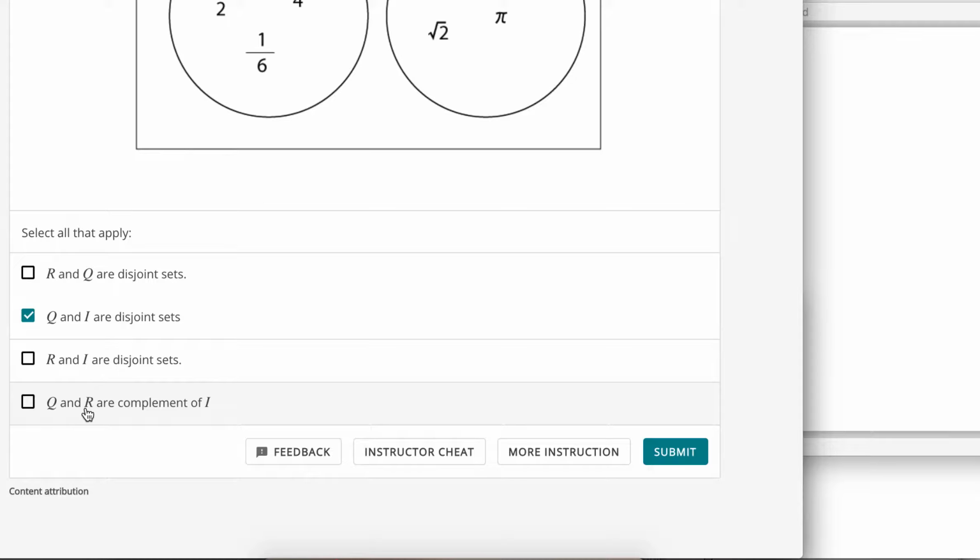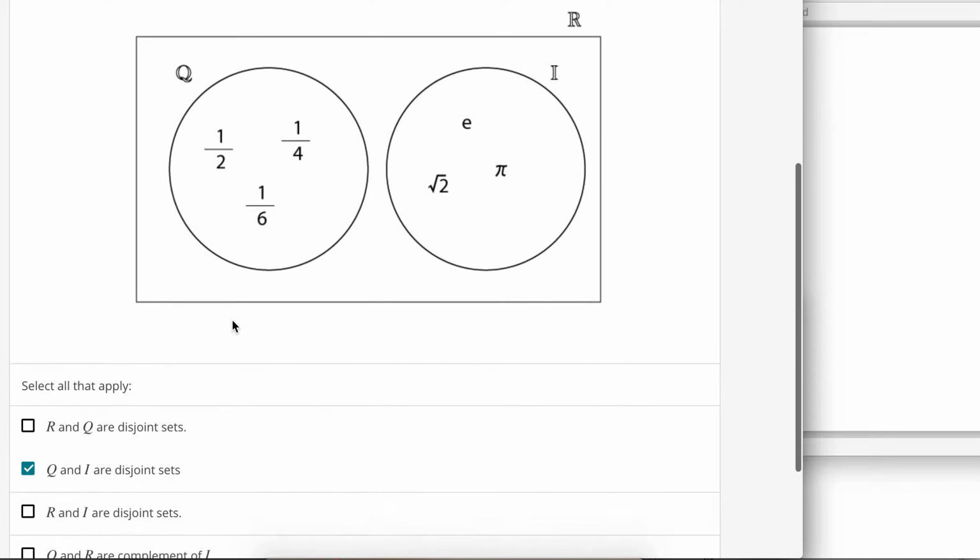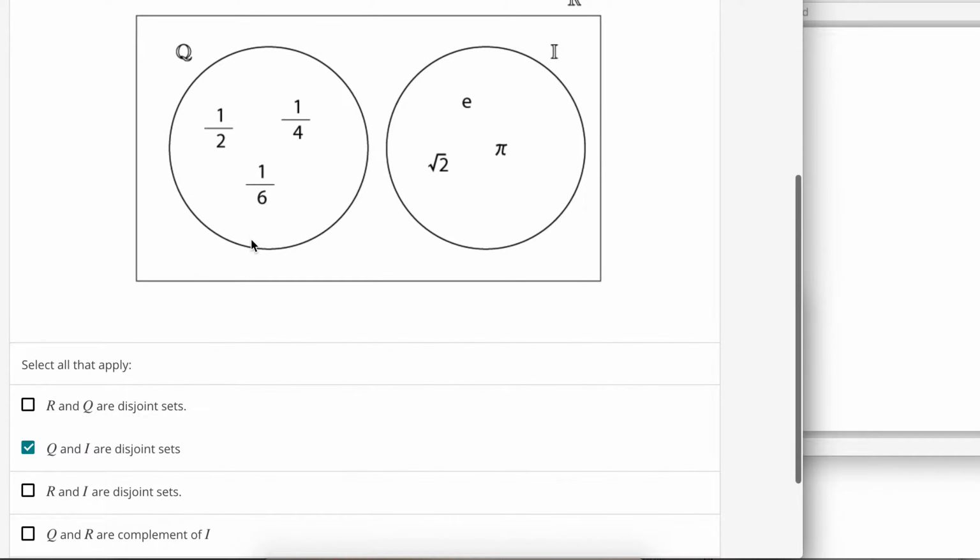And then Q and R, the rational and real numbers, are a complement of the imaginary numbers. Okay, so look at the imaginary numbers. The complement is everything except this circle. So that's a true statement, right? Because everything outside that circle is a real number and a rational number.